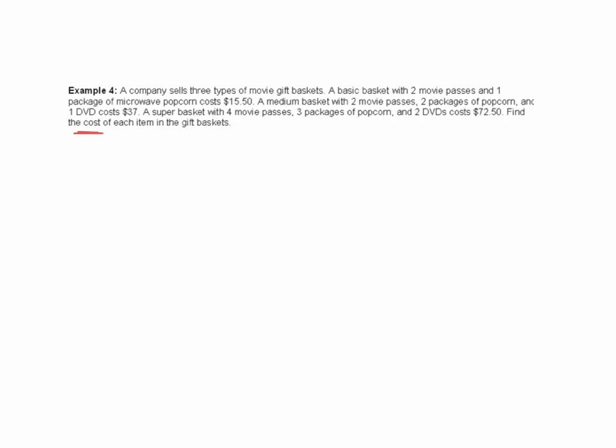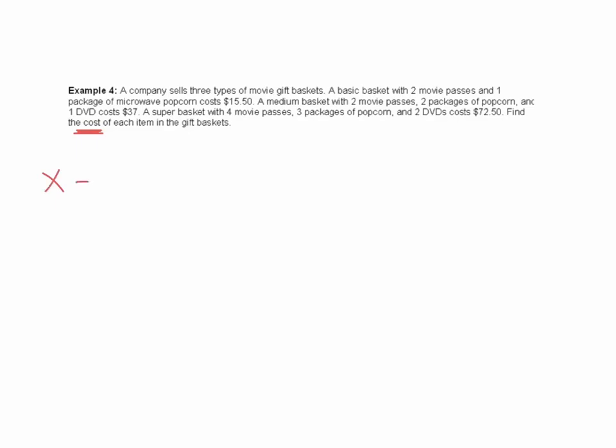So you might be going through right now, I see some of you writing, circling things that you know, identifying things that you don't, and those things that we don't know, we assign variables to. Right now this problem's telling me I don't know the cost of each of these things. And I saw 3 different items in my basket. Did you? I saw popcorn, movie passes, and DVDs. So I don't know the cost of those items.